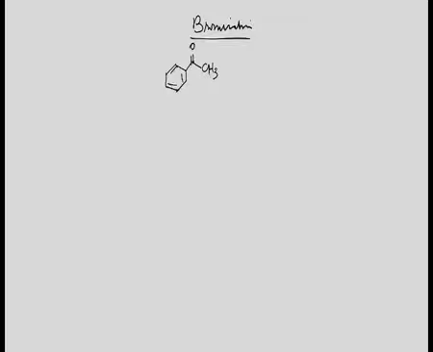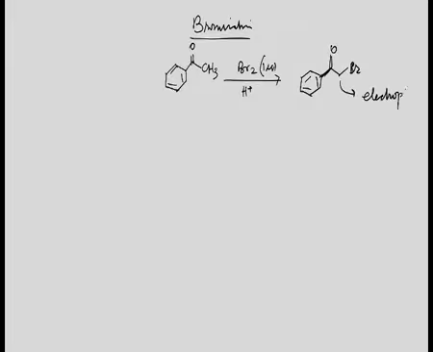So, this is a nucleophilic center, but when you put acid and bromine, suppose 1 equivalent, then you get this. So, this center is now an electrophilic center. Earlier this one was nucleophilic, now it is electrophilic.